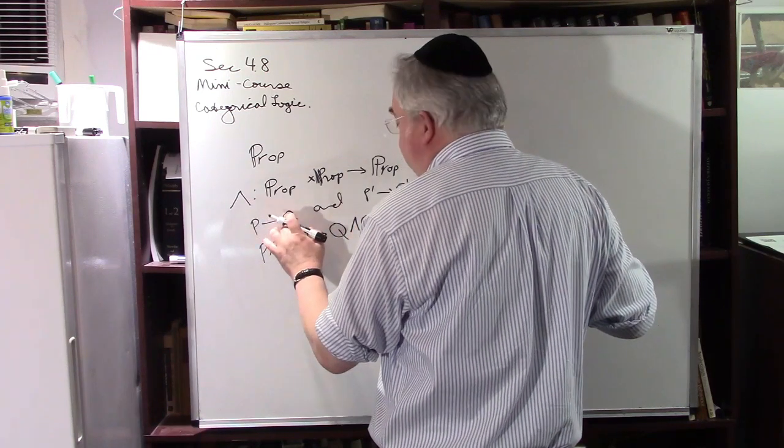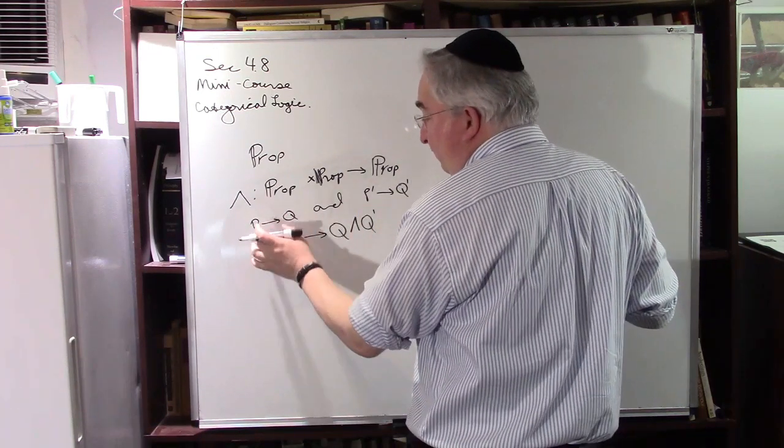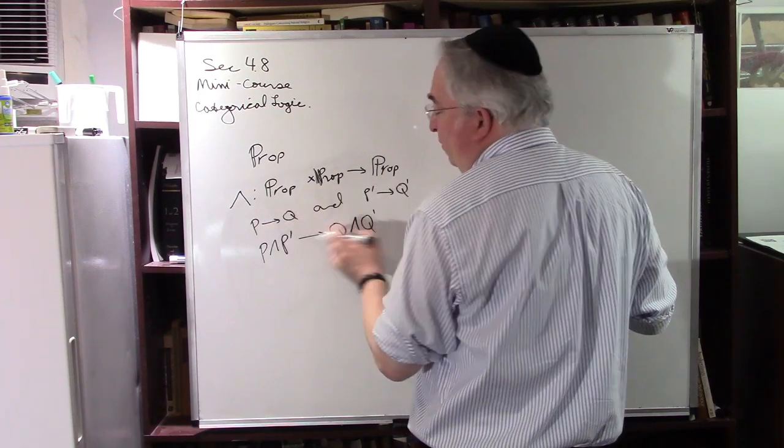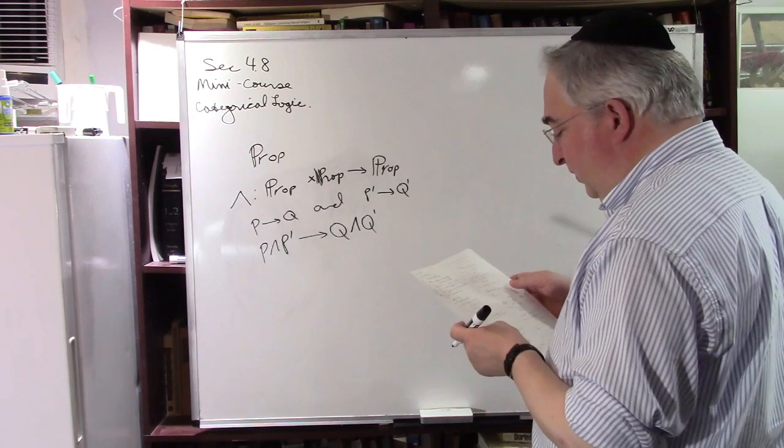So if this implies this and this implies this, then if you have both assumptions, you get both conclusions. That's very simple.